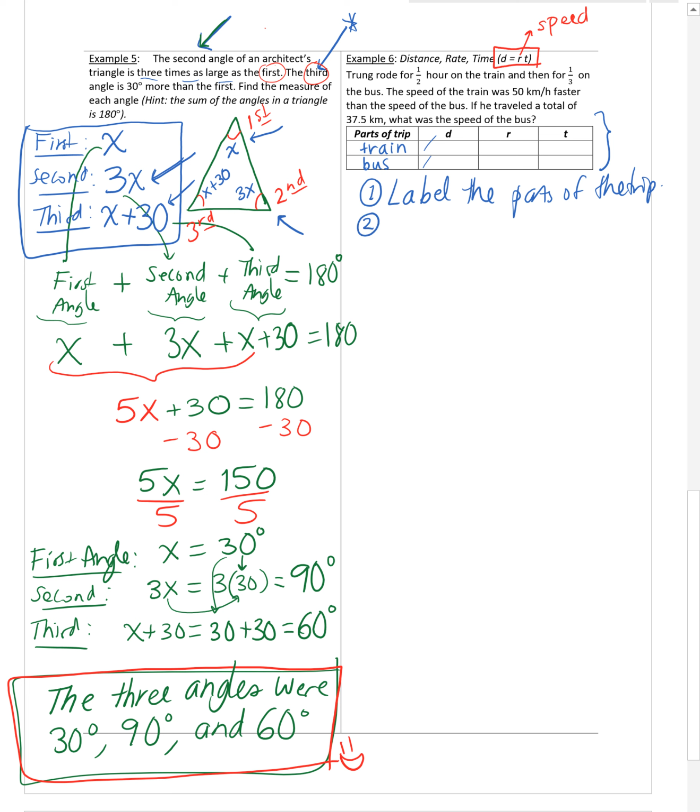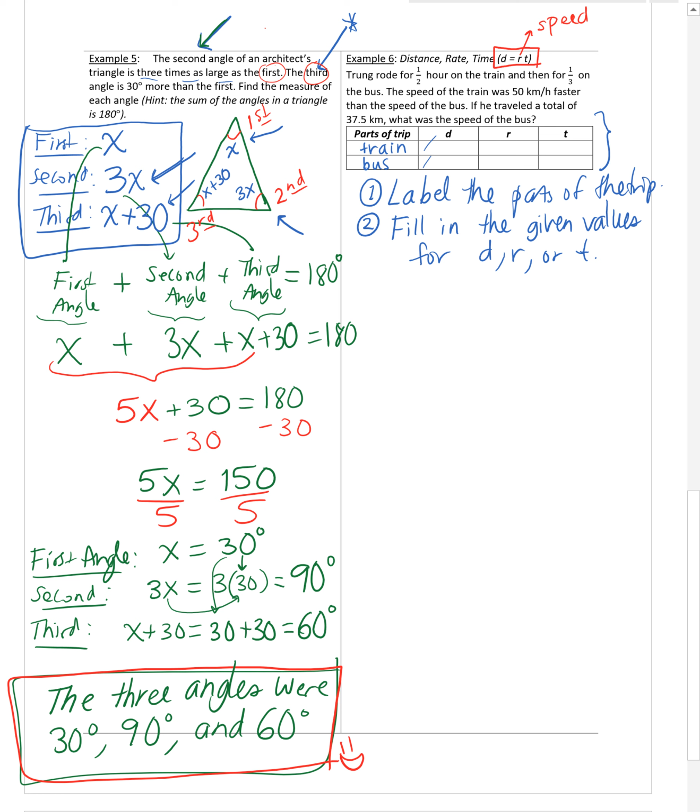And then from here, one of the 3 things is given. Either you're given both distances, or both times, or both rates. So I want to now fill in the given values for distance, rate, or time. It should only be one of those you're given.